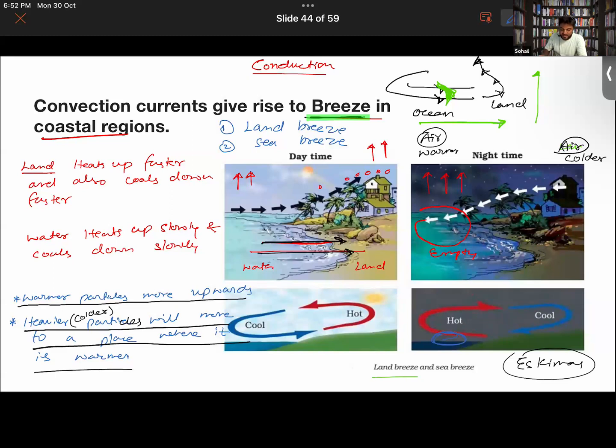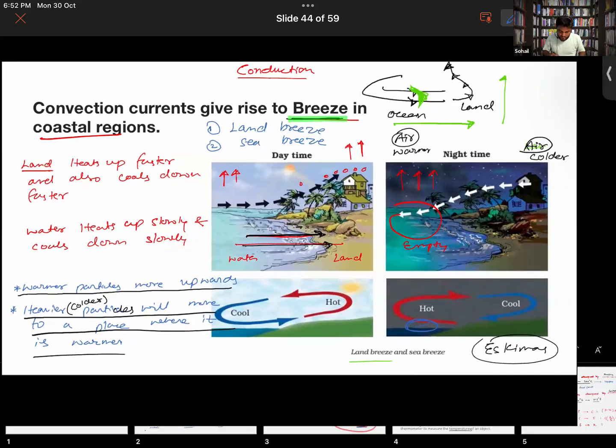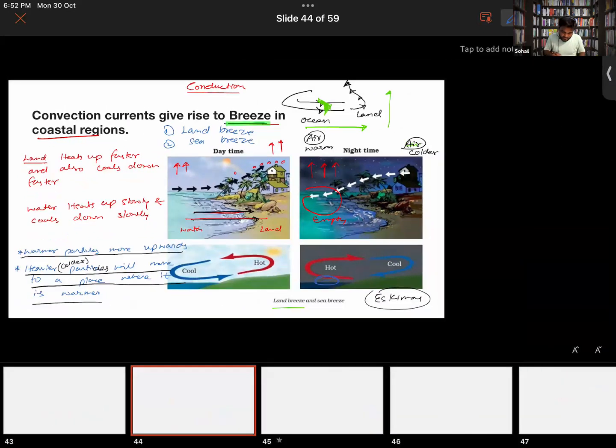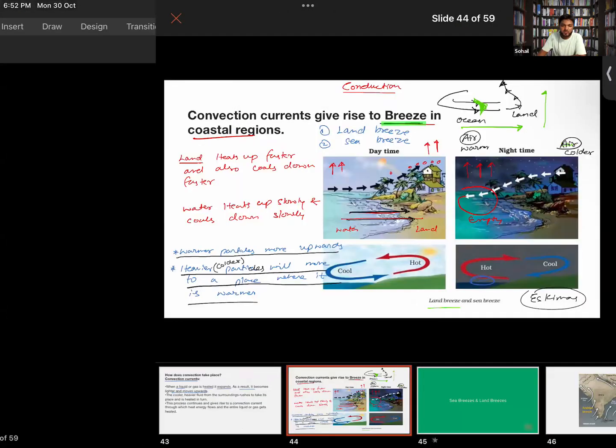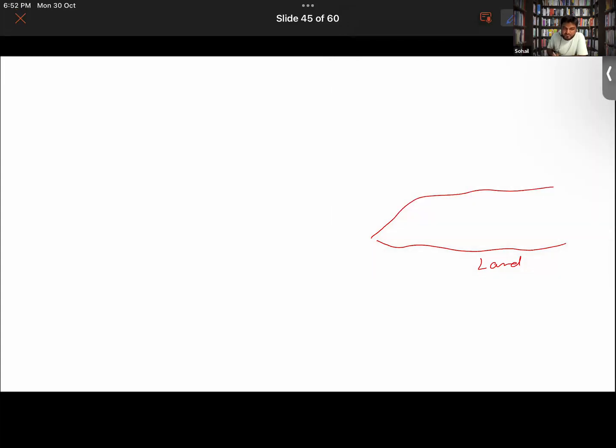Can you explain again the empty space, how they... Okay. Let me get a page over here. Okay. Look here. In the case of land breeze, say this is land, and say this is a water, any water body, right?